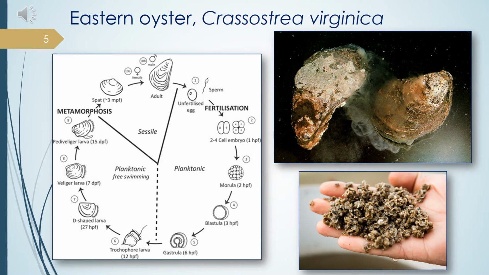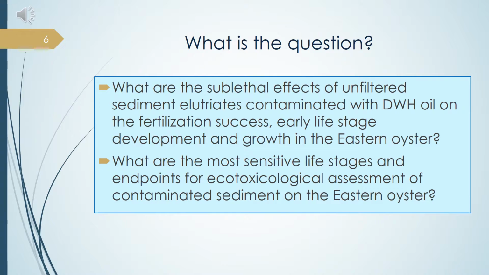And in the bottom right picture is the spat, and then you can see the life cycle in the diagram to the left, and you can see that there are many life stages which a study like this could potentially target, which is exactly what they do, to see how the oil sediments affect these different life stages. So here we get at the root of what is the question.